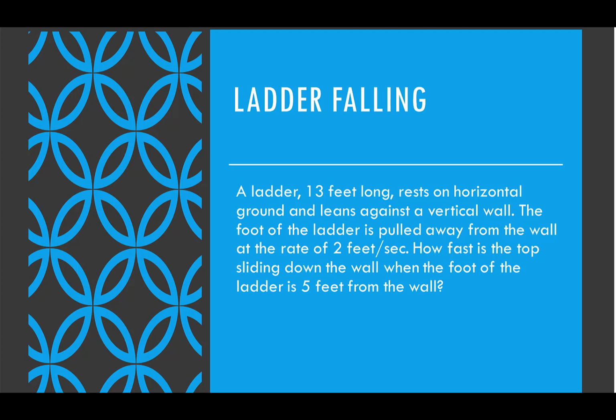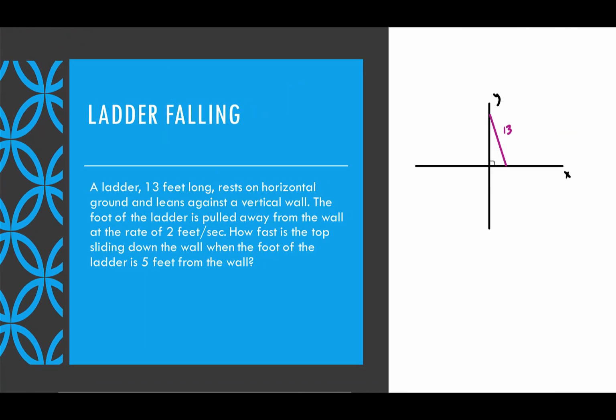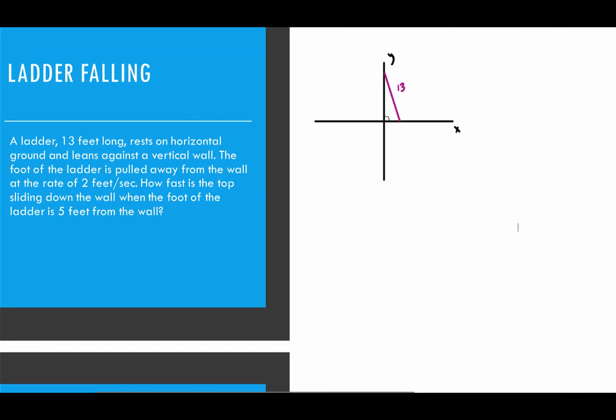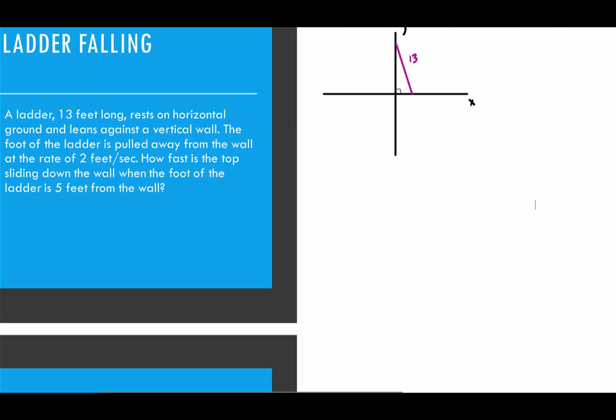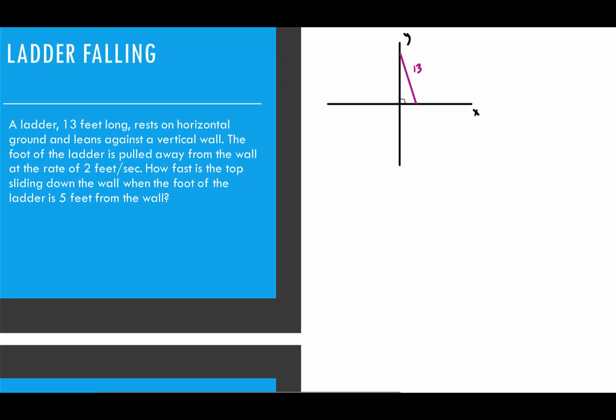All right, so let's make a picture. That's going to be the first thing we want to do. So let's just jump over here, and I already have something kind of written up. And here it is. Just made a little XY. Made something that's 13 units long. Just kind of made it there in purple. And it says that, well, we got this ladder. And once again, it's 13 feet long. It rests on horizontal ground and leans against a vertical wall.